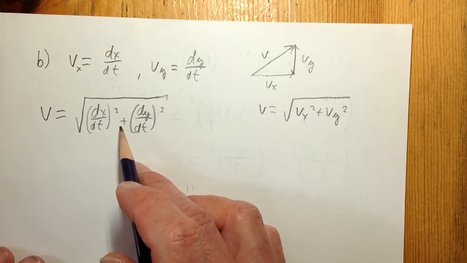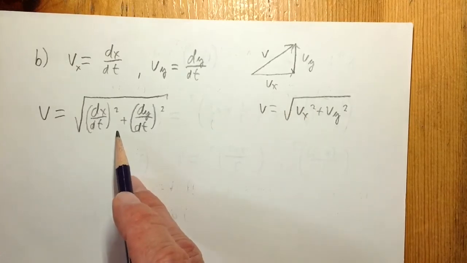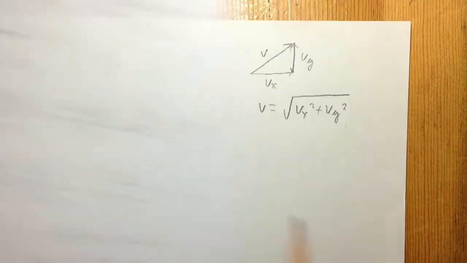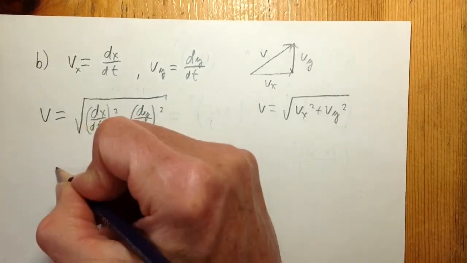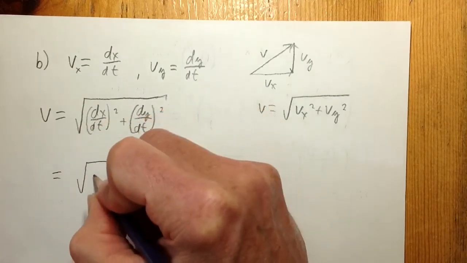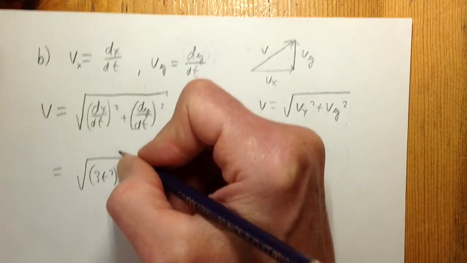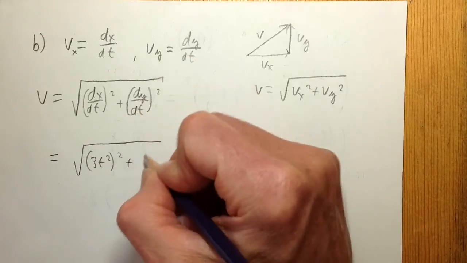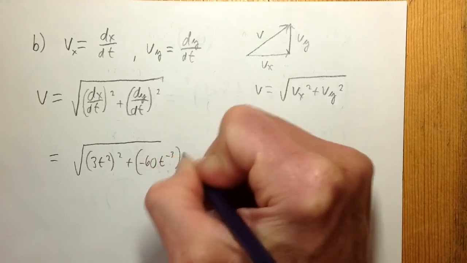Either you know this velocity formula, which makes sense, it's easy to work out, or you need to know the slope formula, which is dy dt over dx dt. Now we just take the square of the derivatives. We already took the derivatives. So dx dt was 3t squared, and that's squared, plus dy dt, and that was negative 60t to negative 3, and that's all squared.